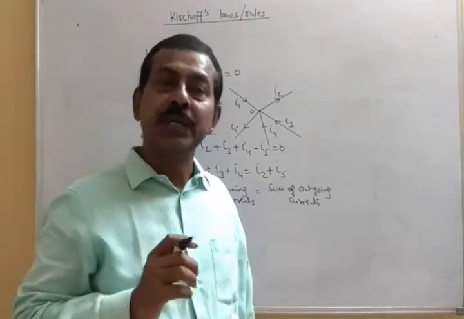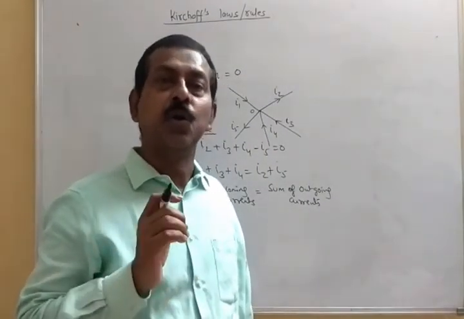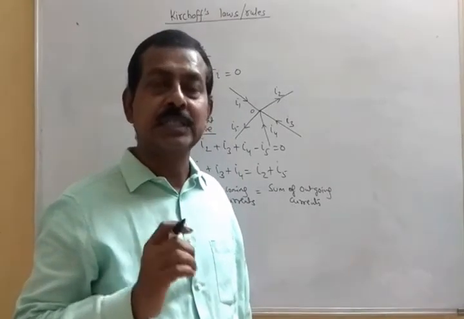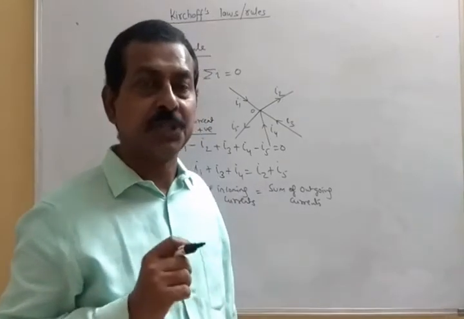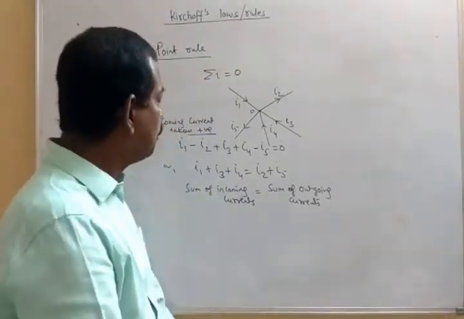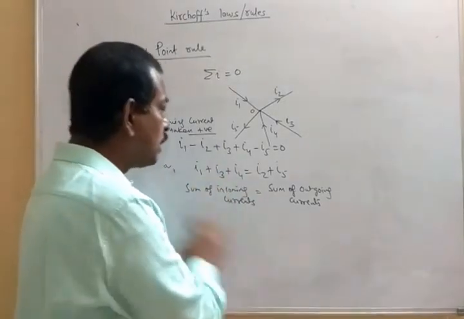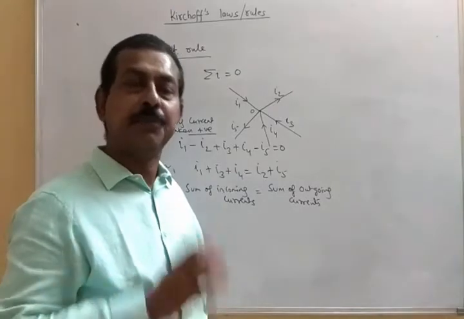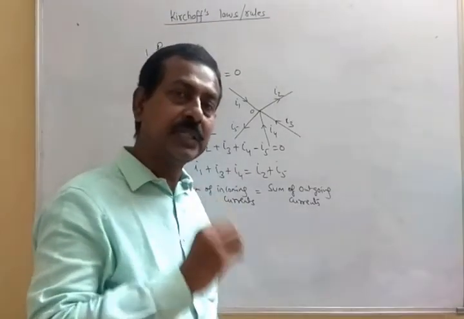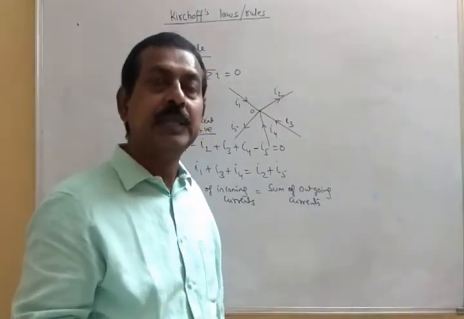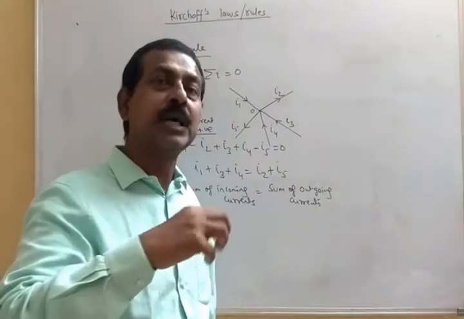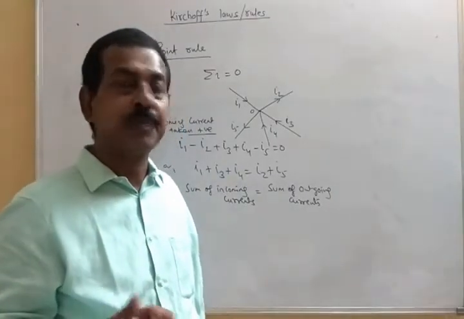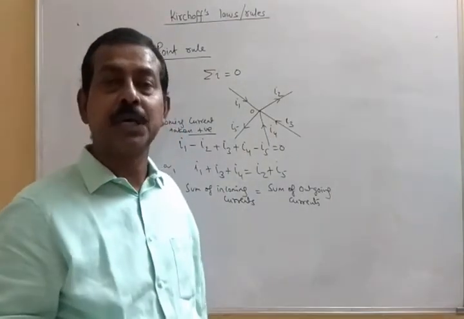Remember that the point rule is a consequence of the law of conservation of charge. If the incoming current sum is less than the outgoing current sum, it means charges are being created at that point, which will violate the law of conservation of charge.